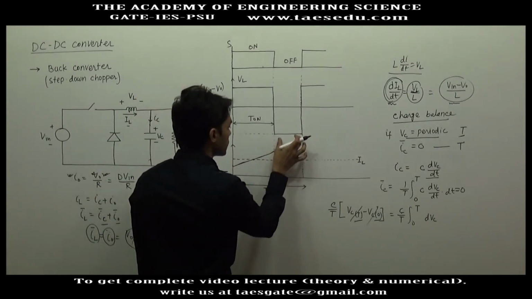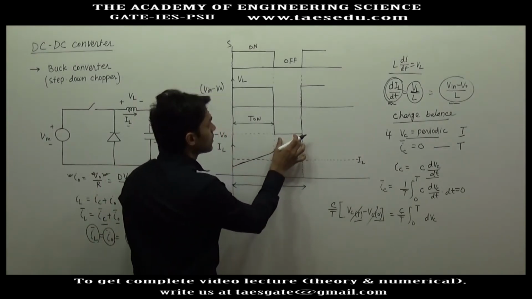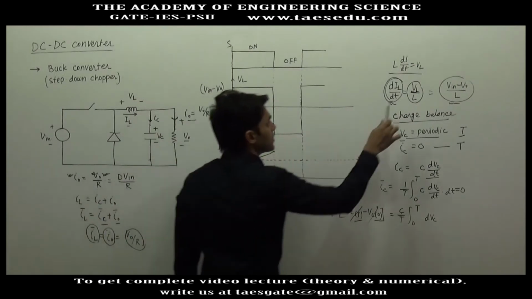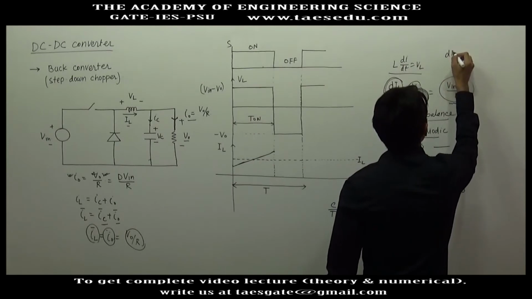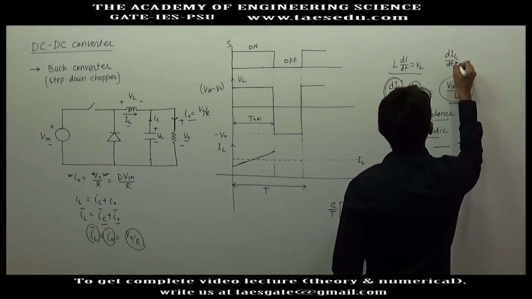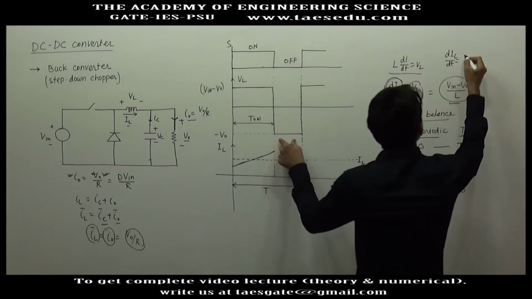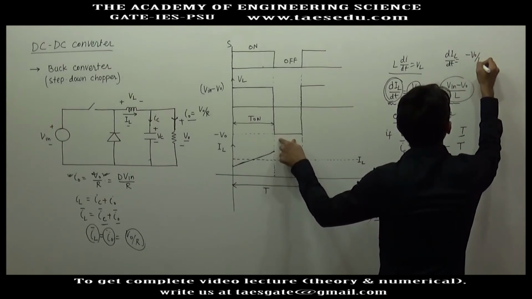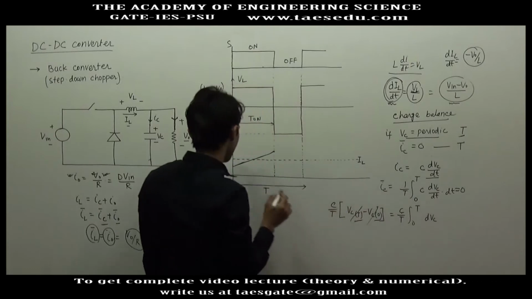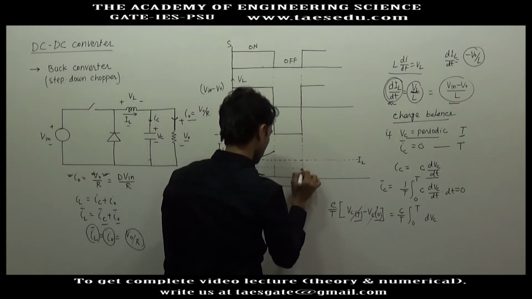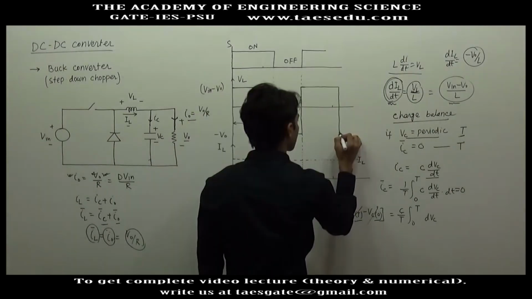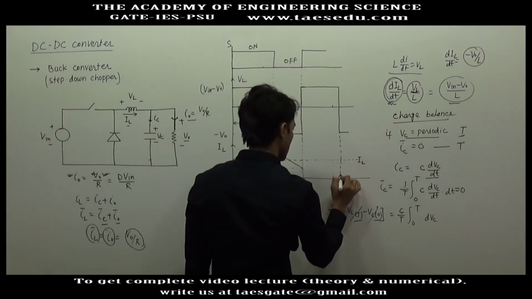And in this duration, inductor voltage is negative. If inductor voltage is negative, dIL by dt will be minus V0 by L. V0 is constant, so again you will have a straight line but with negative slope. This way inductor current will repeat itself.